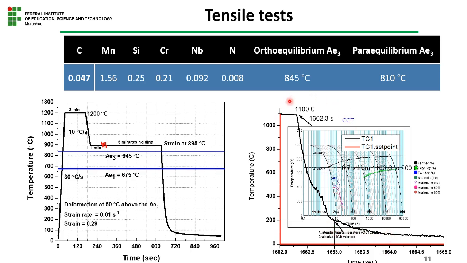And we used the thermomechanical software to calculate the quenching velocity, and we calculated that only 0.7 seconds from 1100 centigrade to 200 degrees, so it's well below the A1 line, so it's impossible to form ferrite during quenching. So all the ferrite that was formed was solely due to the dynamic transformation.